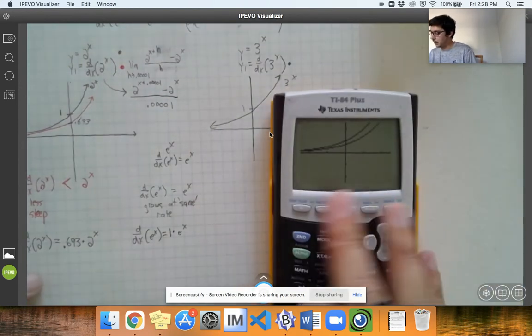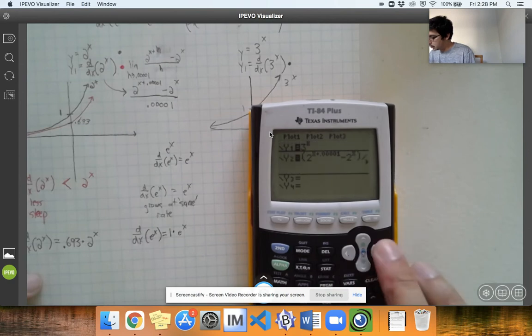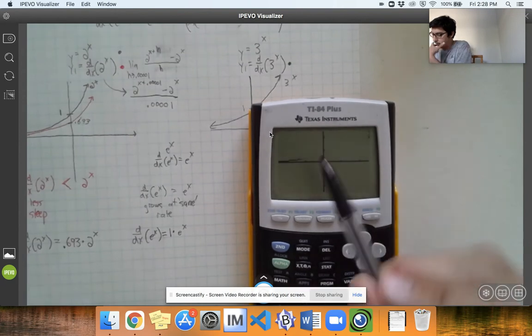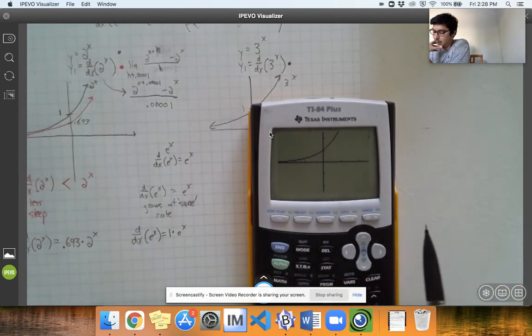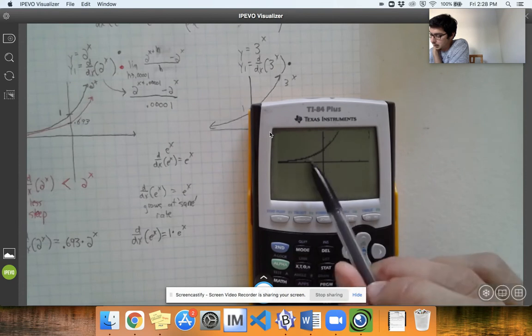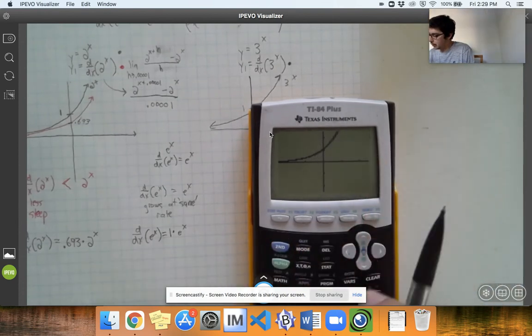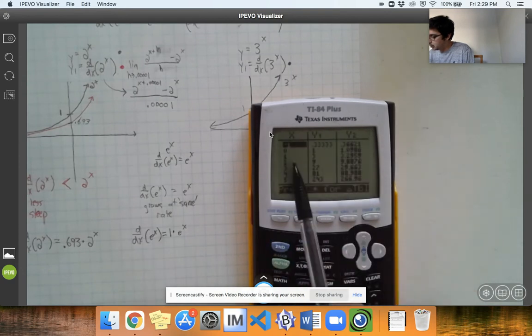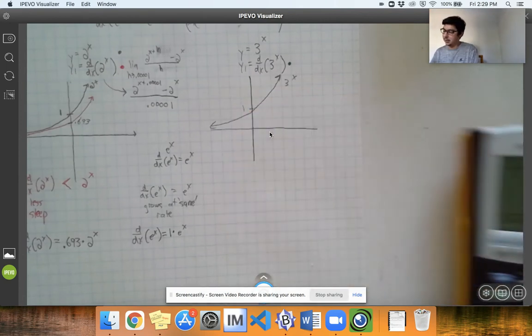Okay. And now if I go in my graph and I change that to 3 to the x, and I change all these numbers to just 3 here, and I graph it, well, there's 3 to the x going through 1. Well, the derivative of 3 to the x, sorry, I keep saying that, is actually steeper. And how much steeper is it? If I go to my table, at 0, it's at 1.0986.